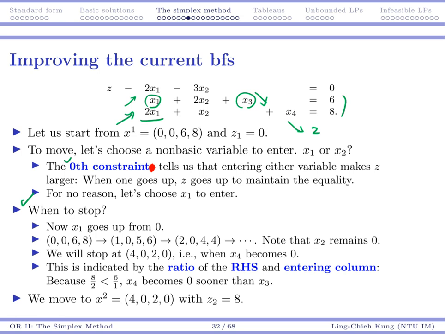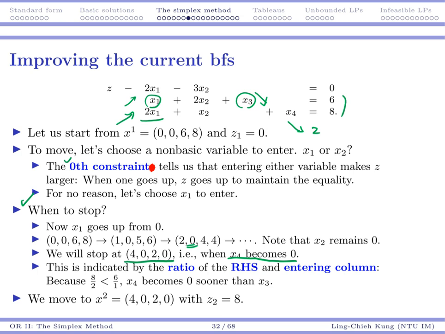Very quickly, you would see that our x2 remains 0, because we are not changing that non-basic variable. Very quickly, we will get to the point 4, 0, 2, 0 when x4 becomes 0. x4 becomes 0 before x3 becomes 0.